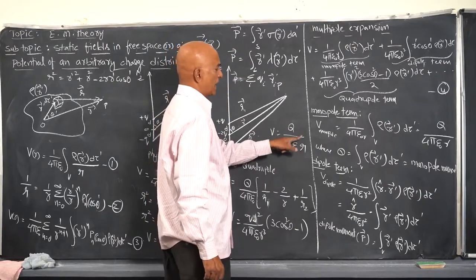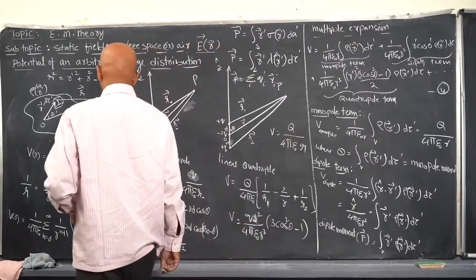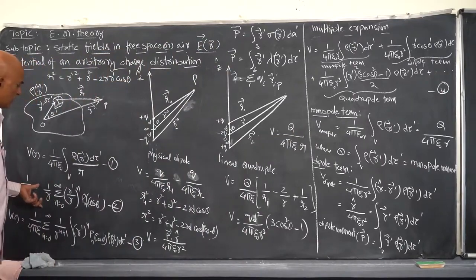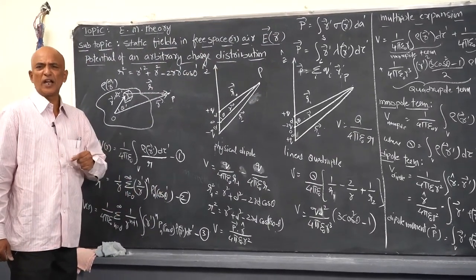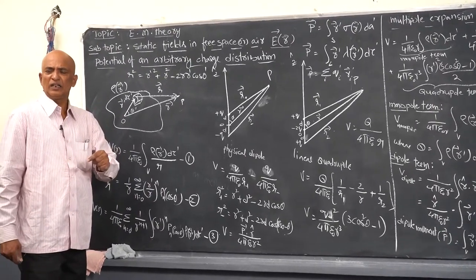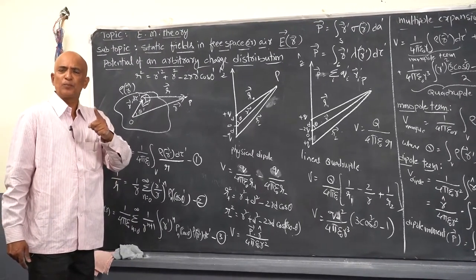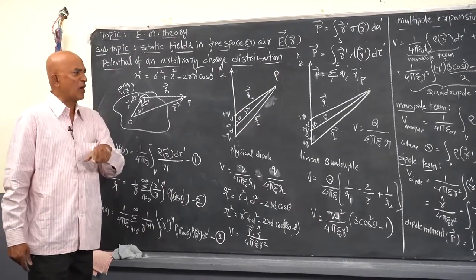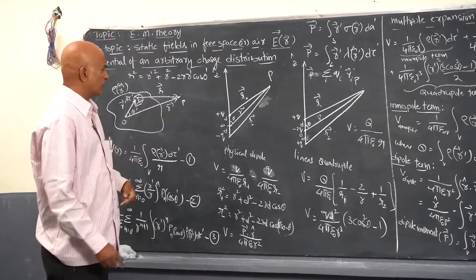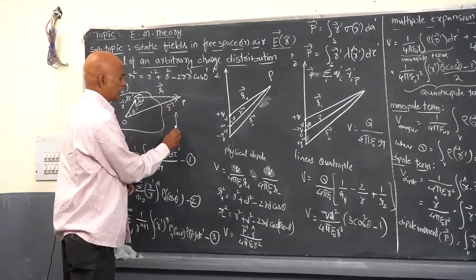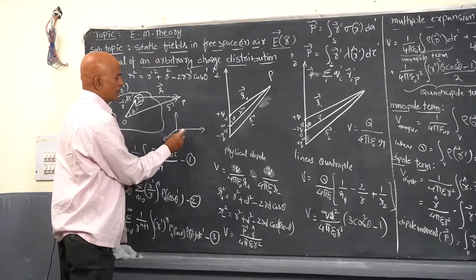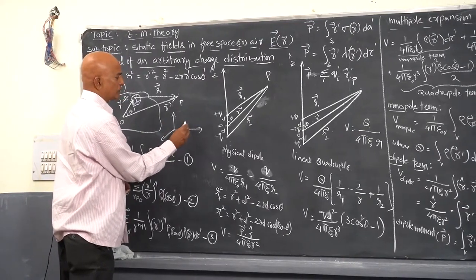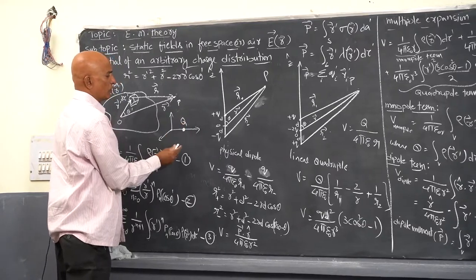Now this 1 by separation vector r acts like a generating function for Legendre polynomials, and you will get a series of terms. So when the point charge is at the origin, it behaves like a pure monopole, but the same point charge is shifted from the origin like this. This is the origin of the coordinate system. Now the point charge is shifted.